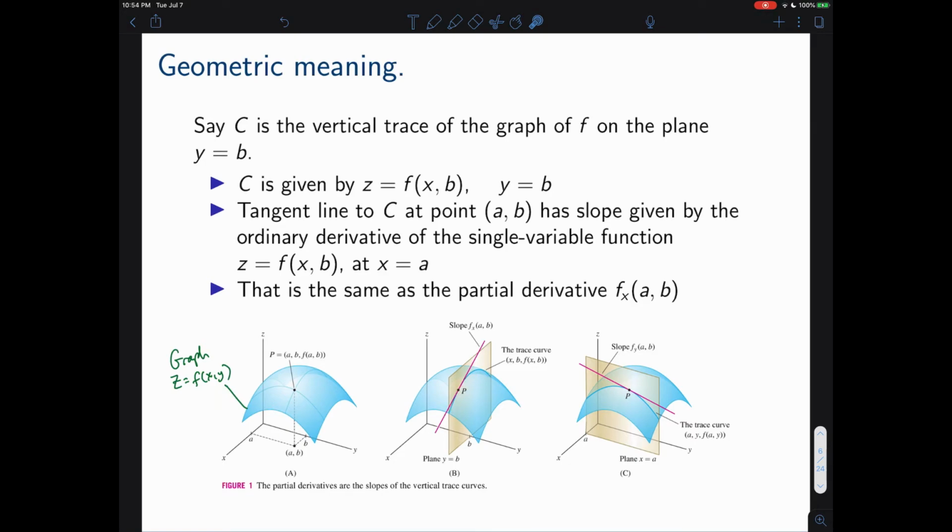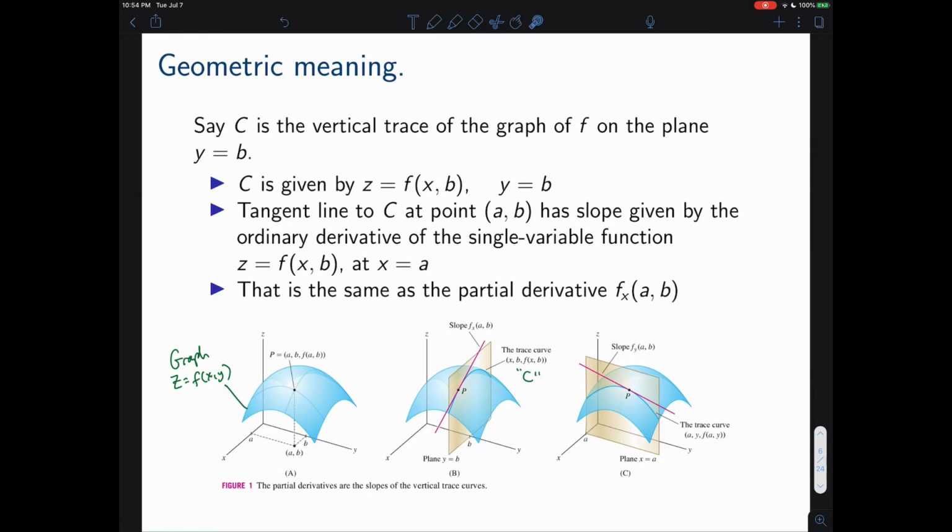And along that trace curve, there's a tangent line. So what's written on the slides is that let's say that C is that trace curve. C is this trace curve.